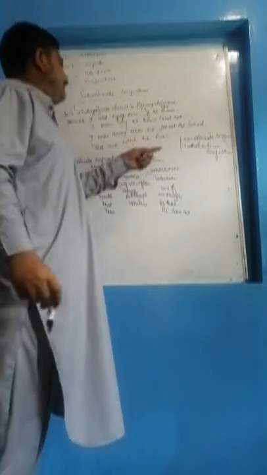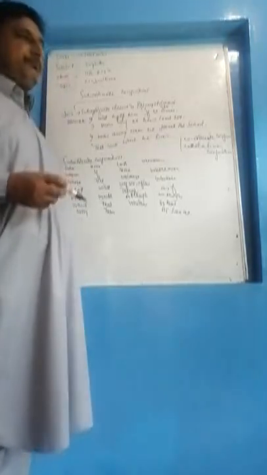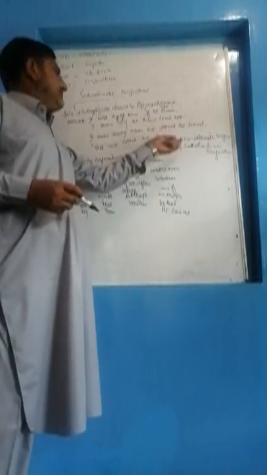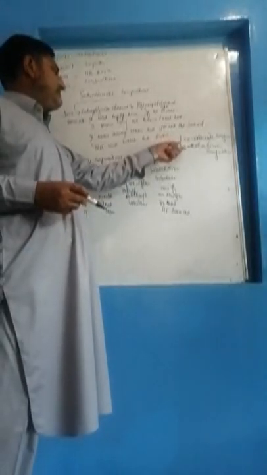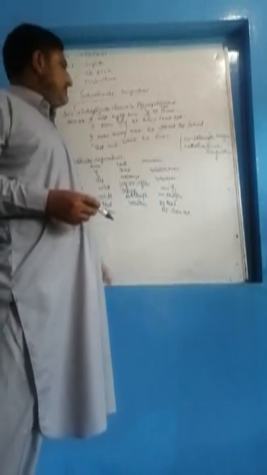So far as coordinate conjunctions are concerned, we join nouns and nouns, sentences and sentences, and also principal clauses with these coordinate conjunctions.